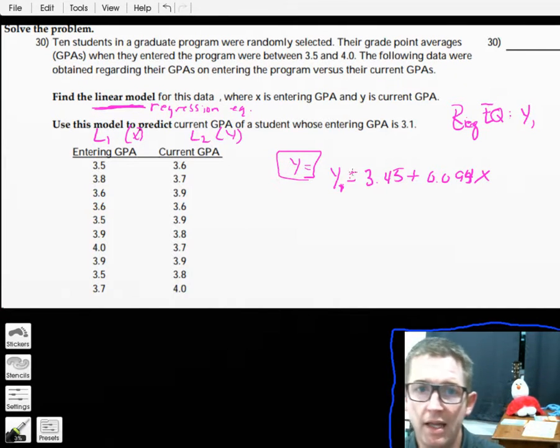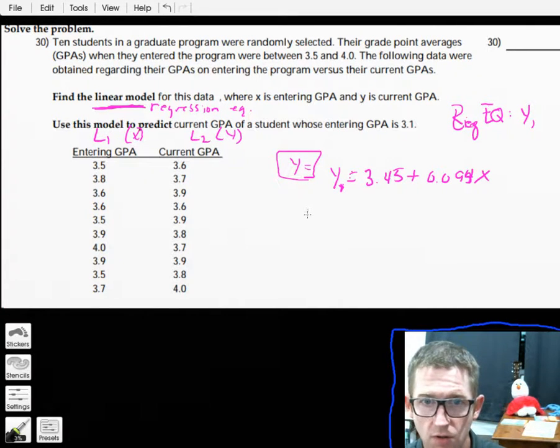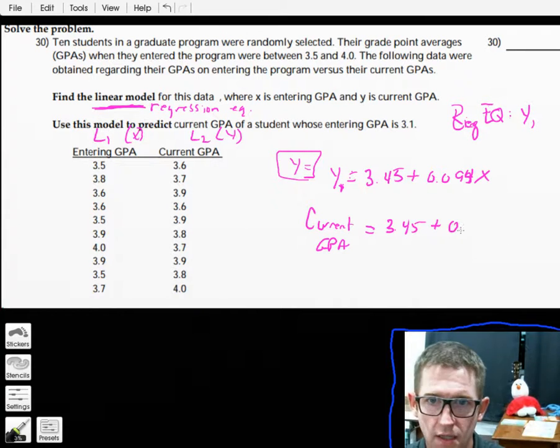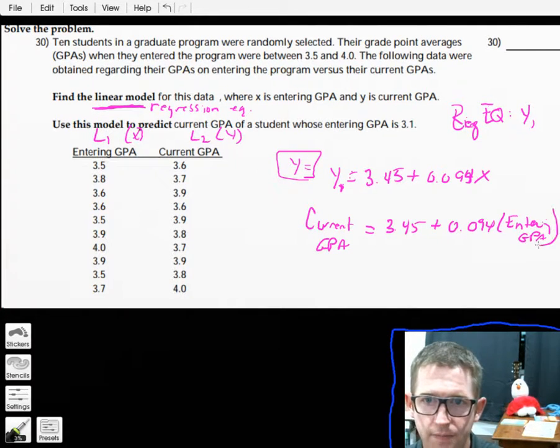Okay, and remember Y1 in this case was current GPA, so current GPA is going to be equal to 3.45 plus 0.094 times the entering GPA.